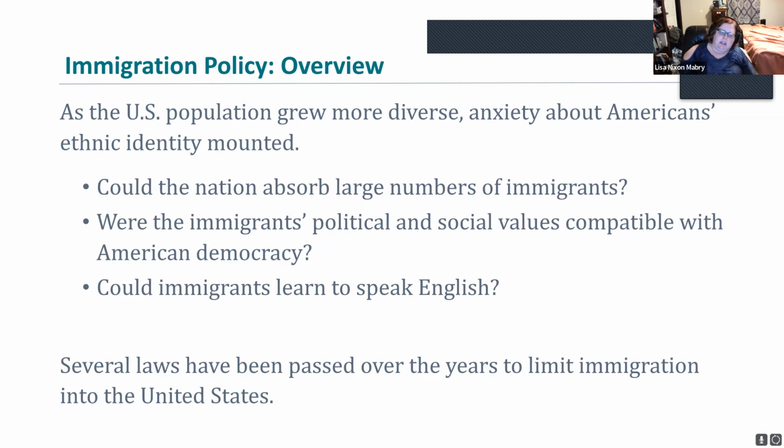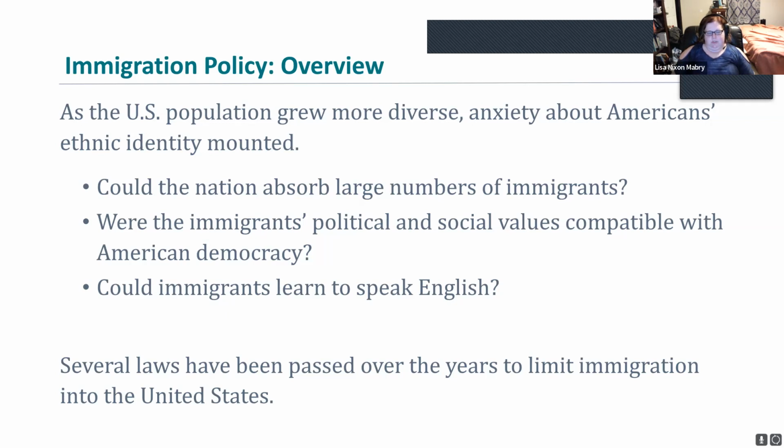Could they learn to speak English? All those sorts of things. Even though that's not what we did, right? When we first came over, we didn't try to learn the native language. We didn't try to meld with the natives. We tried to assimilate them and to take over their identity instead of realizing how unbelievably hypocritical that was.